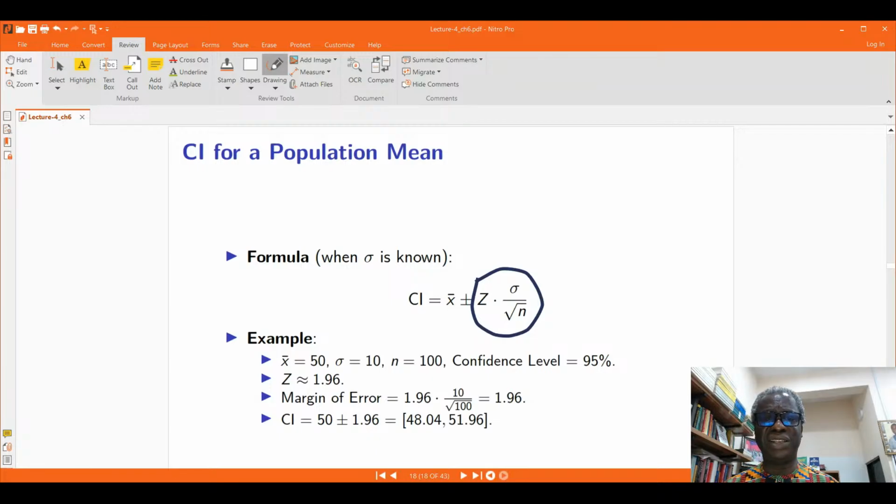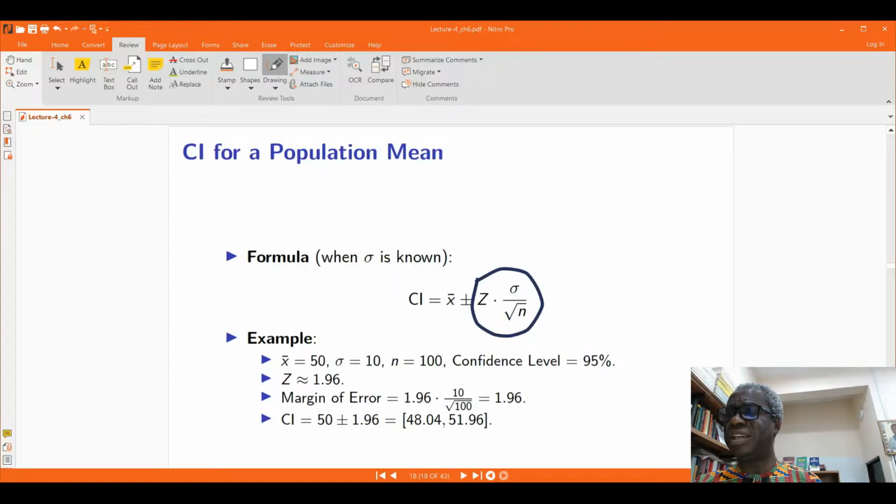The Z score in this case is going to be based on the confidence level that we choose.